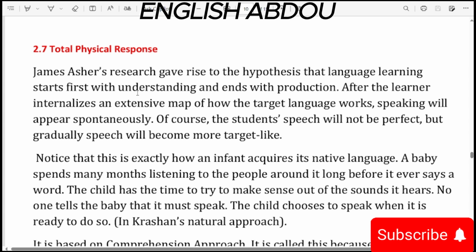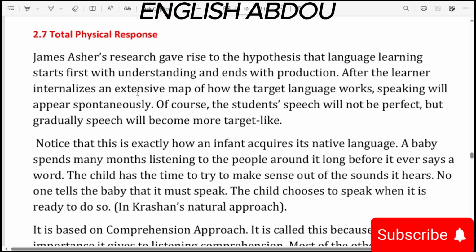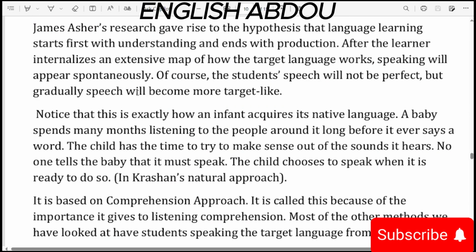James Asher's research starts first with understanding and ends with production. After the learner internalizes an extensive map of how the target language works, speaking will appear spontaneously.